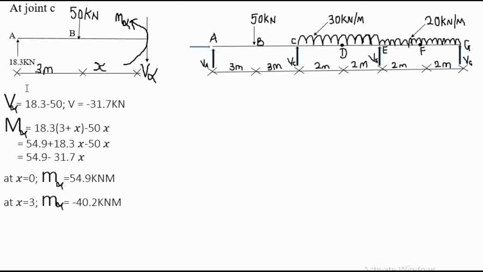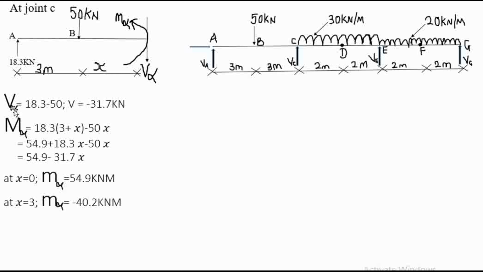For the V alpha, which represents the shear force at every section, I will go again by the summation of the vertical forces. V alpha is going down, so the one going down should be equal to the one going up. So we say V alpha plus 50 kilonewton, which is going down, should be equal to the one going up.